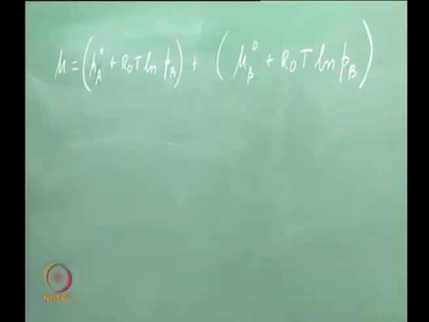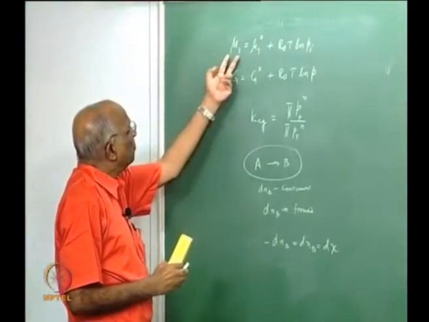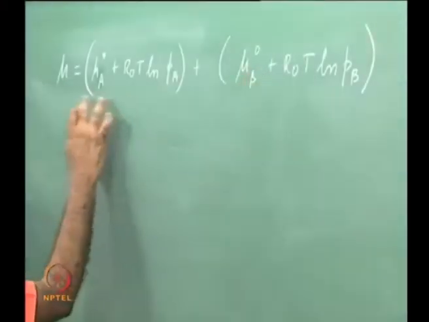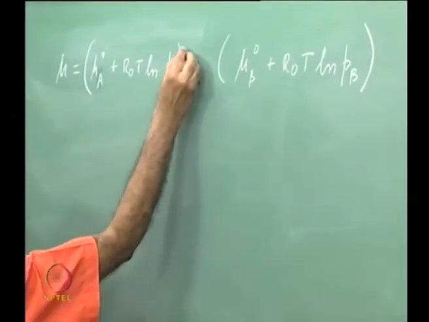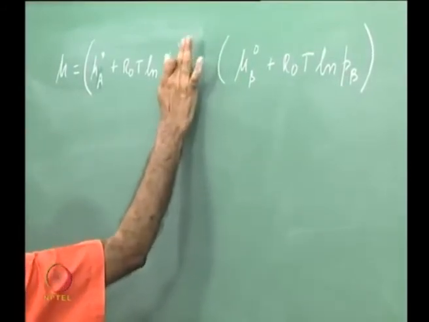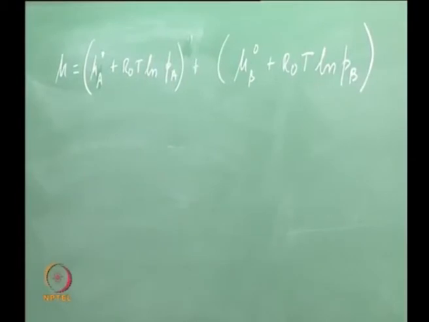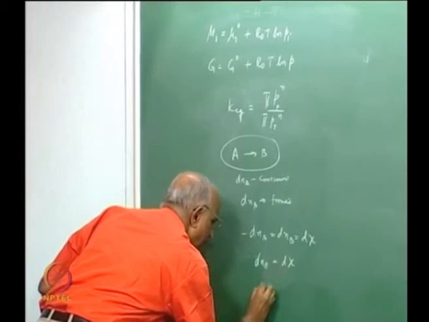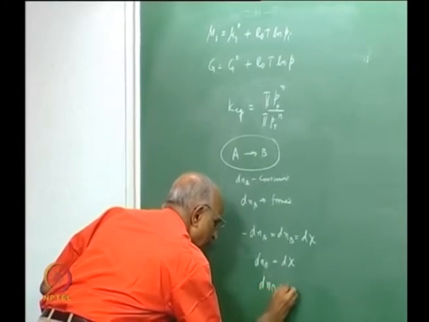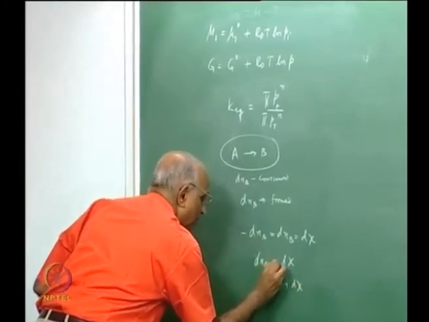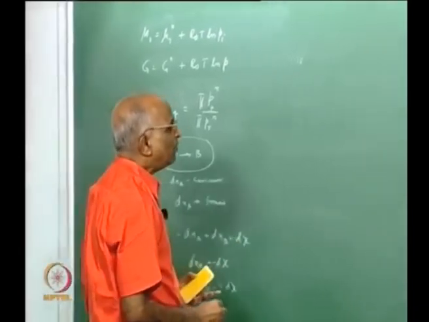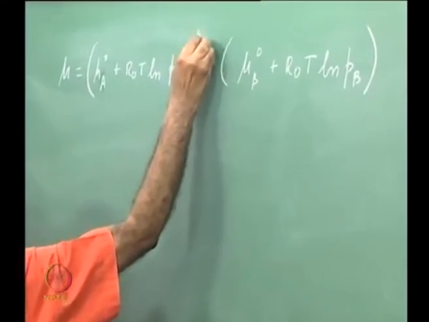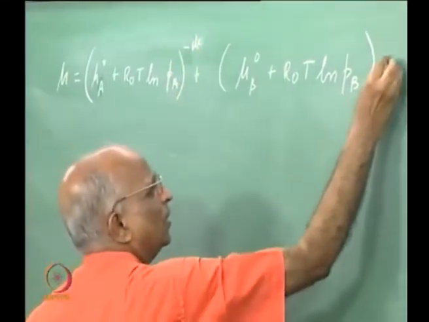But when I look at the changes taking place in the chemical potential, they correspond to minus dNA, so I can now write dNA as equal to minus d chi and dNB as equal to plus d chi. I have the value of minus d chi here and the value of d chi here.